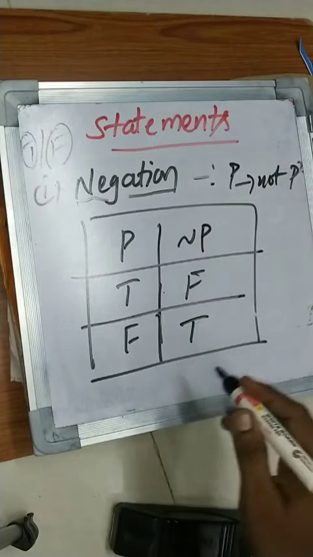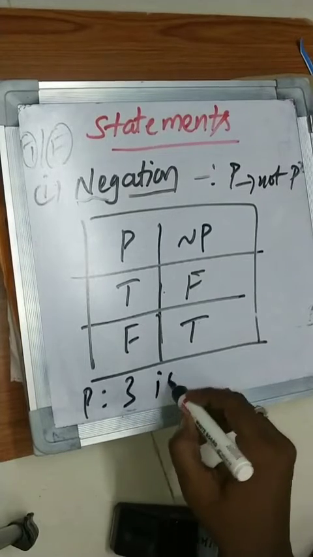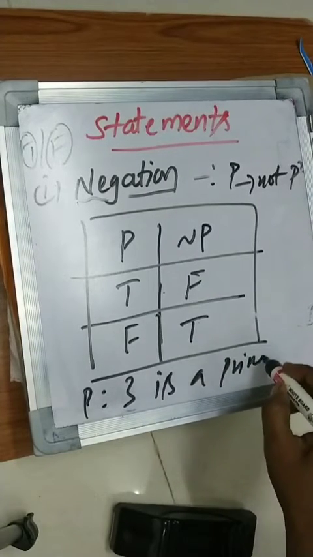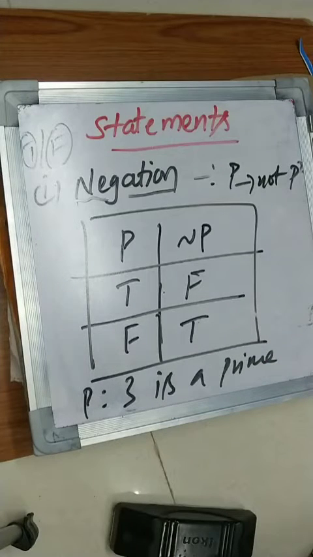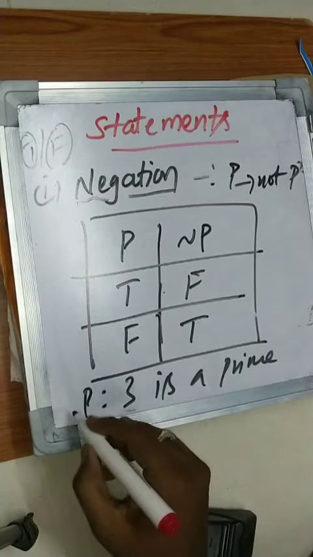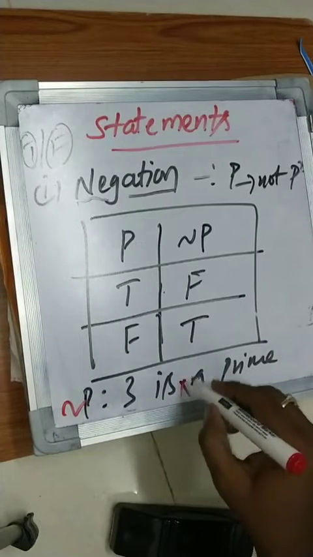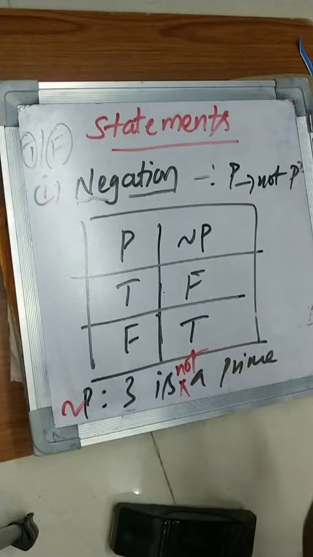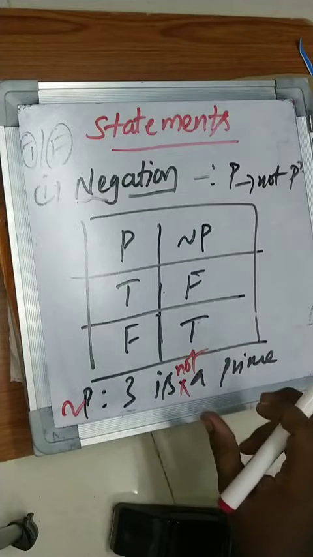For example, let us suppose p is the statement that 3 is a prime. Then what will be its negation? Simply not p: 3 is not a prime. We have just included that negative connective 'not'.